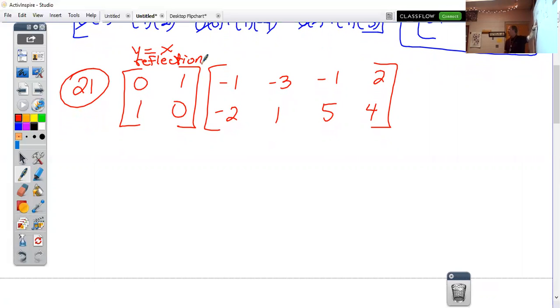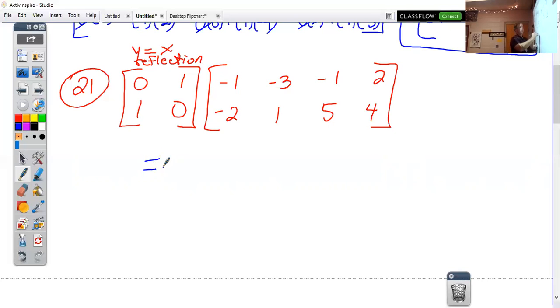What did we do? What's that matrix? What happened to the matrix equation? The 0 and the 1 swap. So what do you think you do with the x and y? You just switch them.